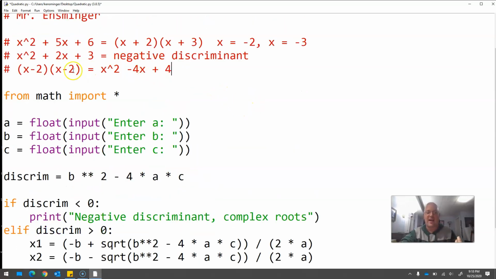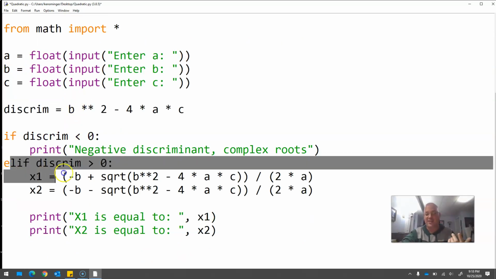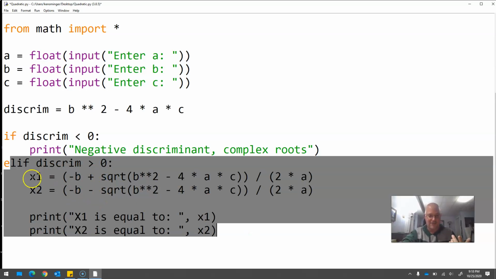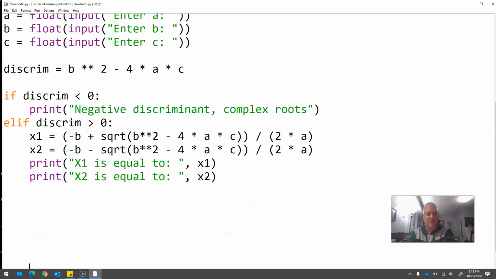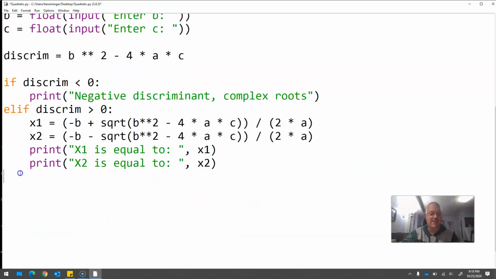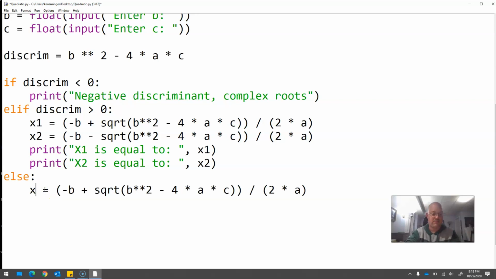And so when I do that, I want to get x equals 2, but I only want to print it once, right? So I have elif for all of that stuff, and I can just squeeze it together with no vertical line spacing there, and then I can do else. So with else, I can just take one of those and just get rid of the x1, just keep it as x, and you can do something like this.